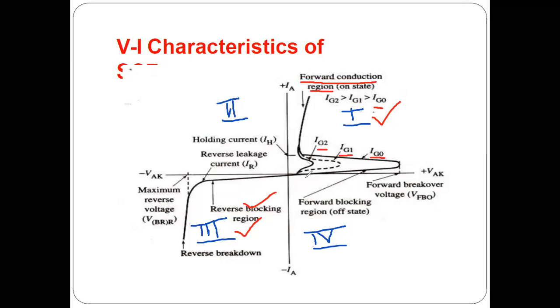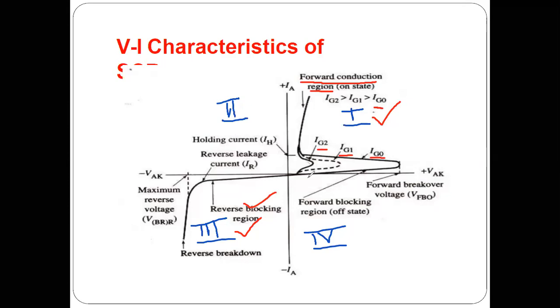Whenever you apply the voltage, or when you give the input to the SCR at the anode terminal, your SCR will not conduct unless you apply sufficient voltage at the gate terminal.